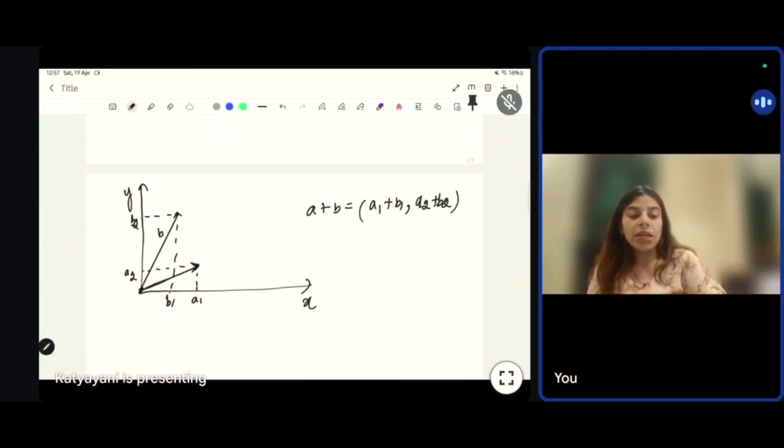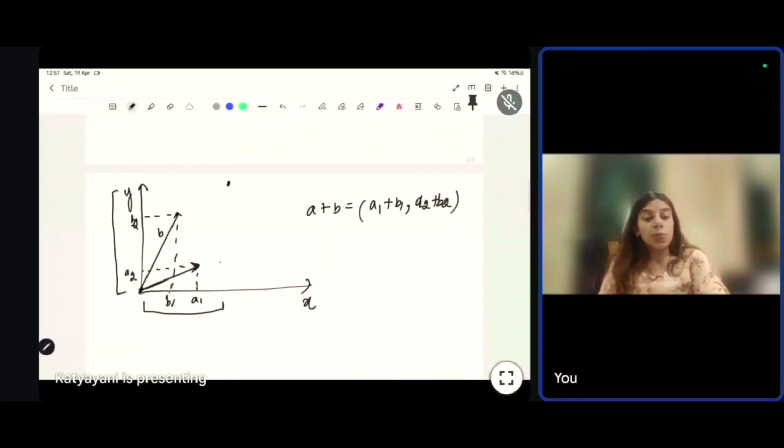So if I add a1 and b1, I will be somewhere at a point like this on the x-axis, right? On the x-axis I have to cover this much distance. And then if I add a2 and b2 on the y-axis, I have to cover somewhat this much distance, right? So I will be somewhere at this point, right? So I reach here.